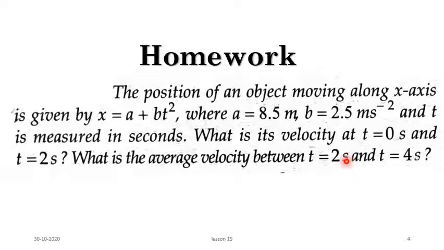You will again substitute t equals 2 seconds and t equals 4 seconds. So you will find the velocity at 2 seconds and the velocity at 4 seconds. After you have found the velocities, to find the average velocity, you add these two values and divide by 2. Fine. This will give you the average velocity. Now let's move to another topic.